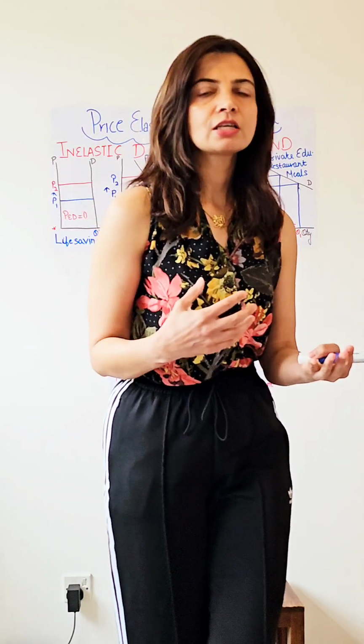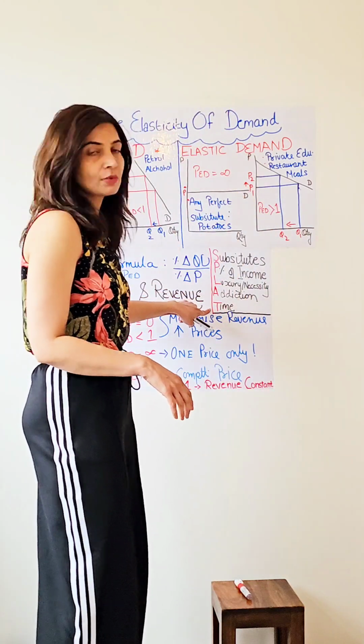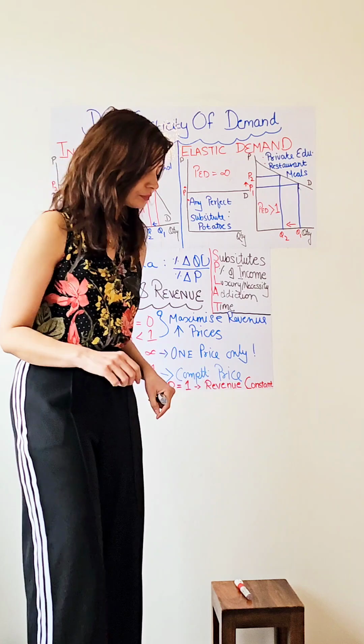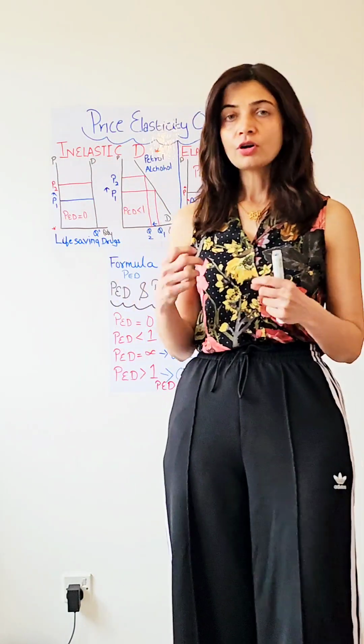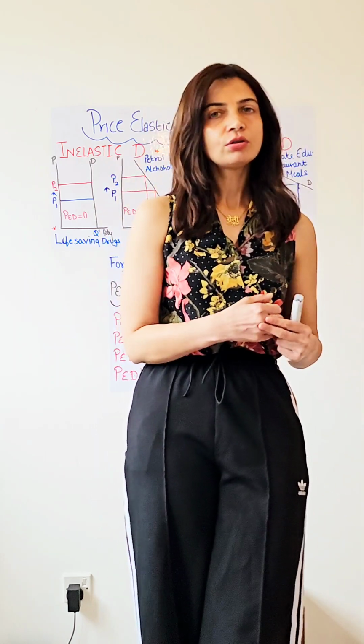Therefore, our demand in the long run is slightly more responsive in comparison to the short run. So that was about the determinants of price elasticity of demand. So remember, SPLAT.